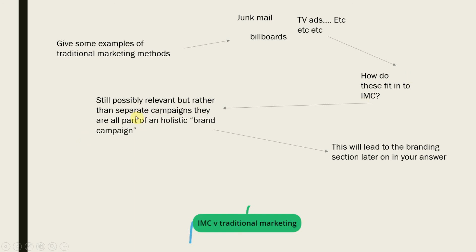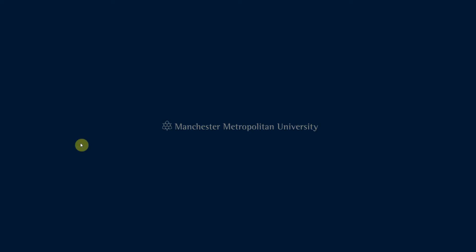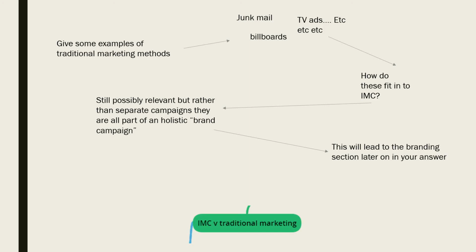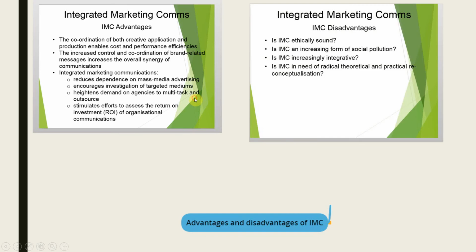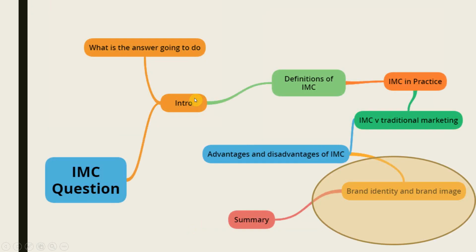all these things are still relevant, but rather than separate campaigns, they're all part of a holistic brand campaign. So the branding's important because of that. What IMC does is protect the integrity of your brand and your brand message, but it also helps you to develop it as well.